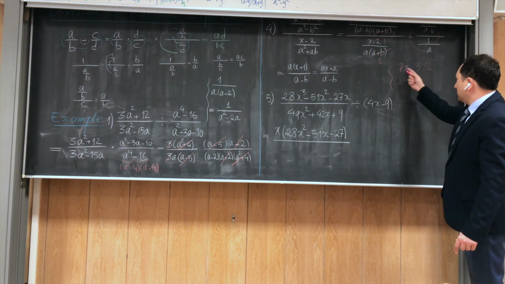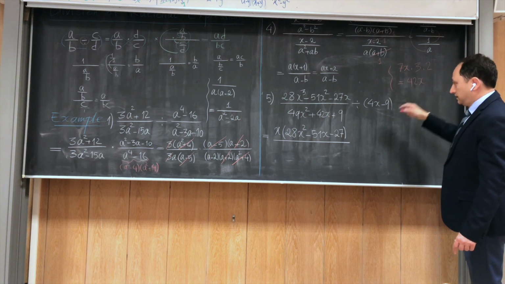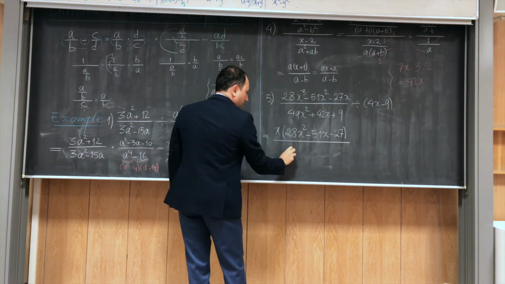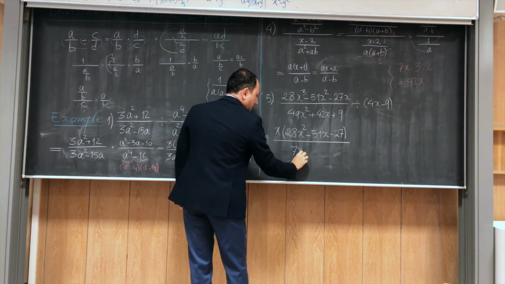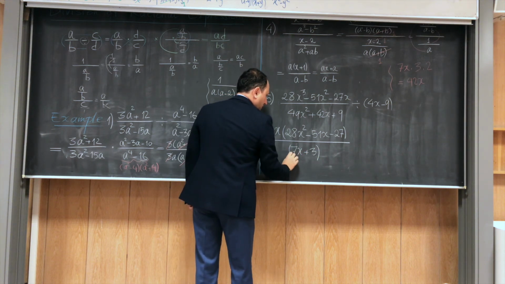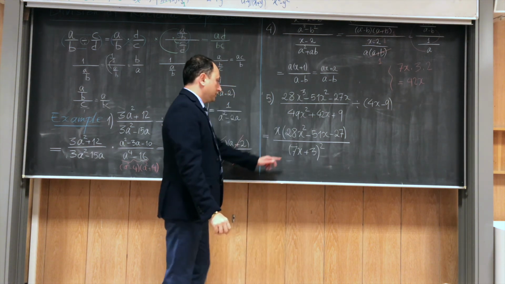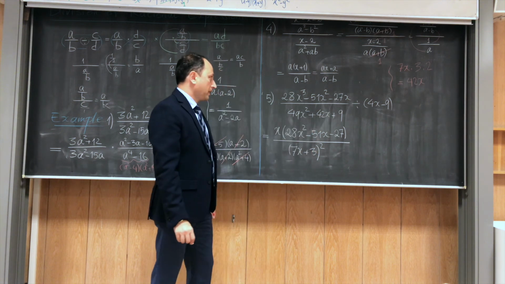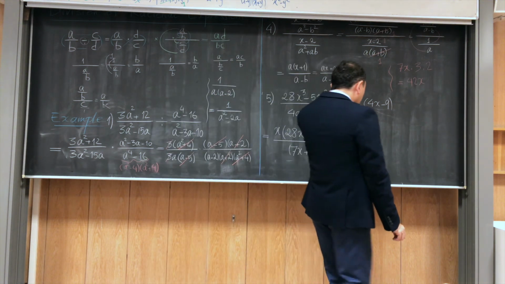And then you see that this becomes exactly 2 times 3 times 7 is 42x. So that is indeed a quadratic pattern. So then it becomes 7x plus 3 to the power of 2. The first one to the 2, 2 times the first one times the second one, plus the second one to the 2. But the important point is that what happens here?